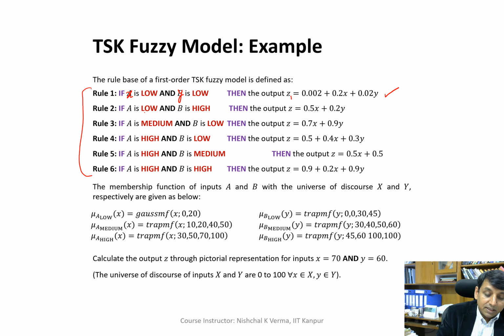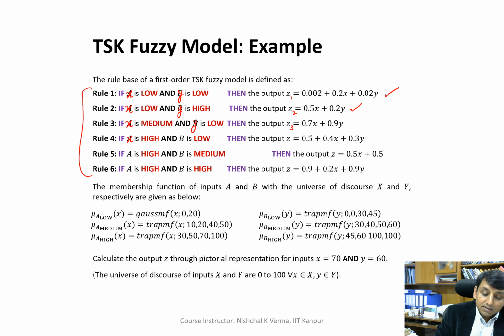The second rule is x is low, y is high, then Z2 is given by this expression. Similarly, x is medium, y is low, and then this is Z3.